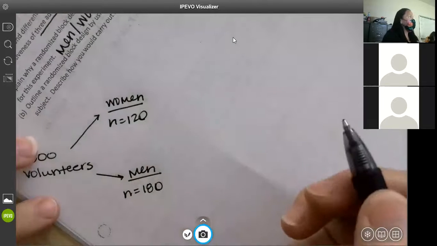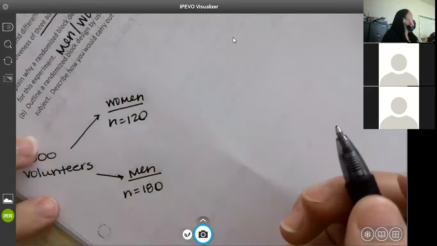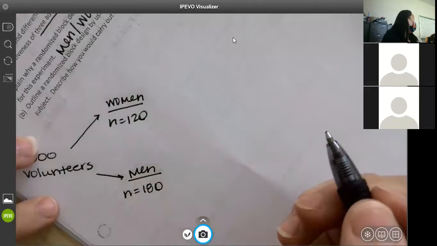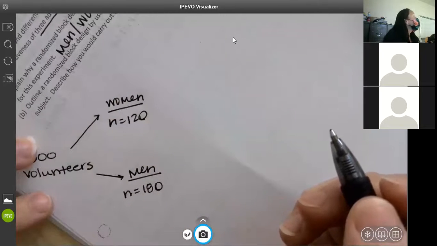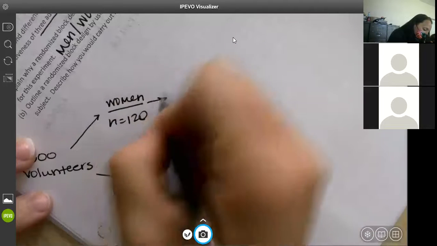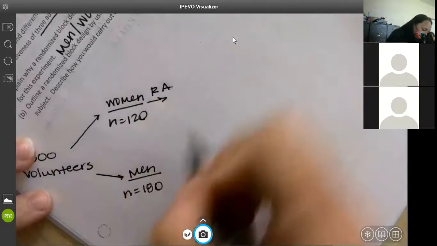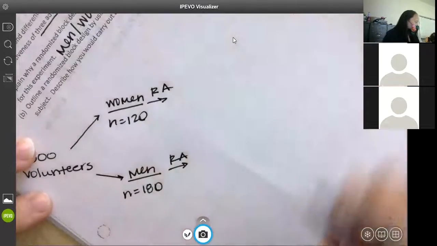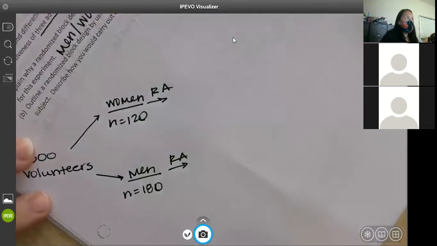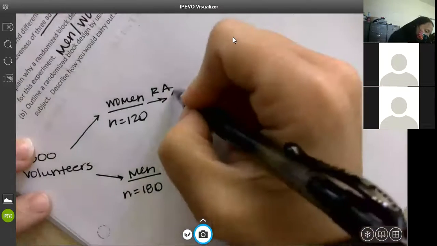How? Divide the number. Okay, but how do we divide them? We're going to randomly assign into how many groups? 3. Why?